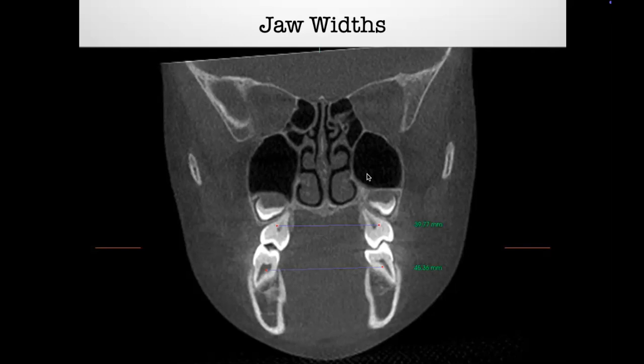Is there anything else we need to consider when we're thinking about that skeletal discrepancy? Or is that it? She's got 10 millimeters, we need to move the bones 10 millimeters. All right, we got a 50-50 shot here. So who thinks that we need to move the bones 10 millimeters? All right, nobody?